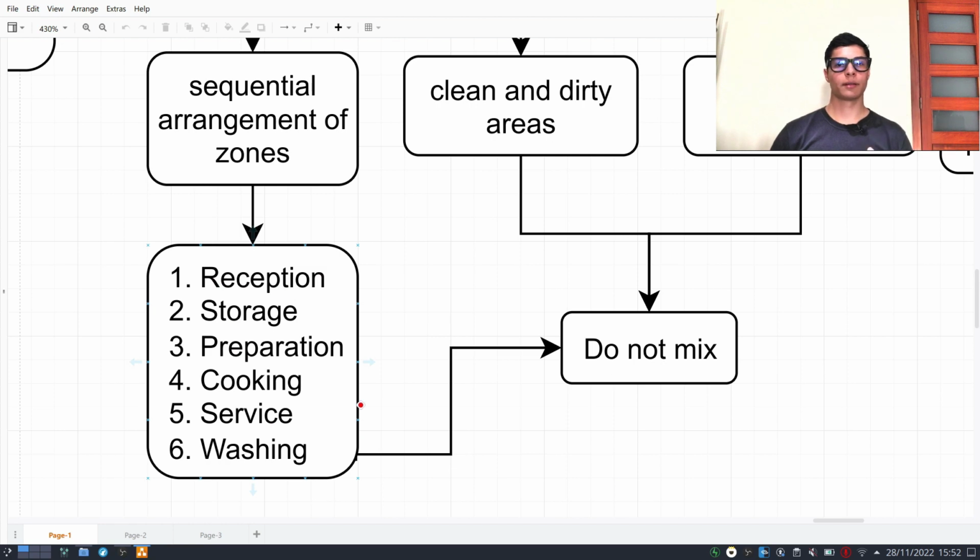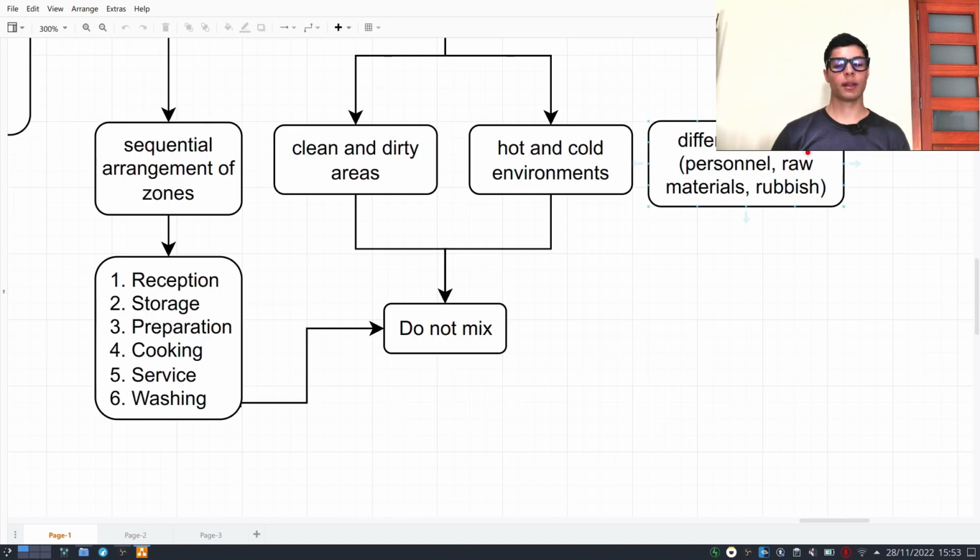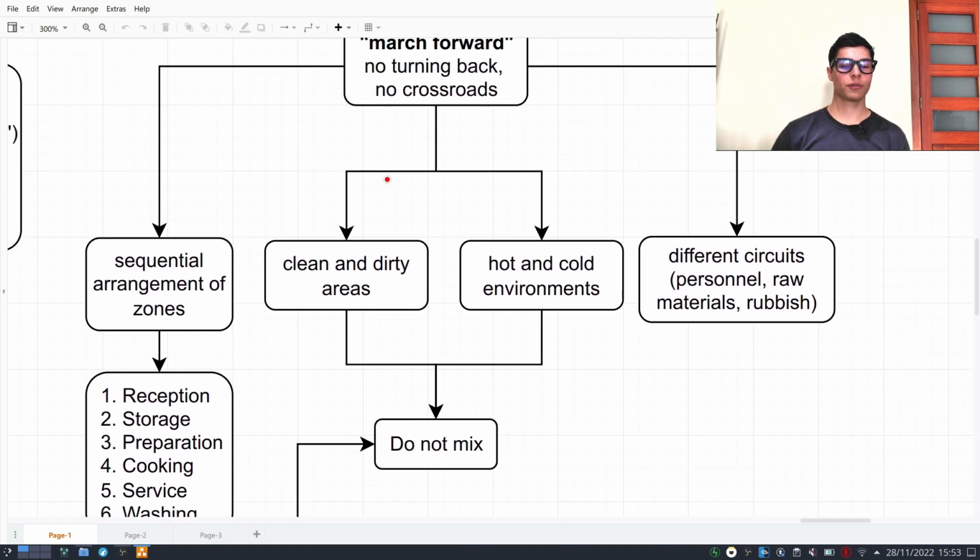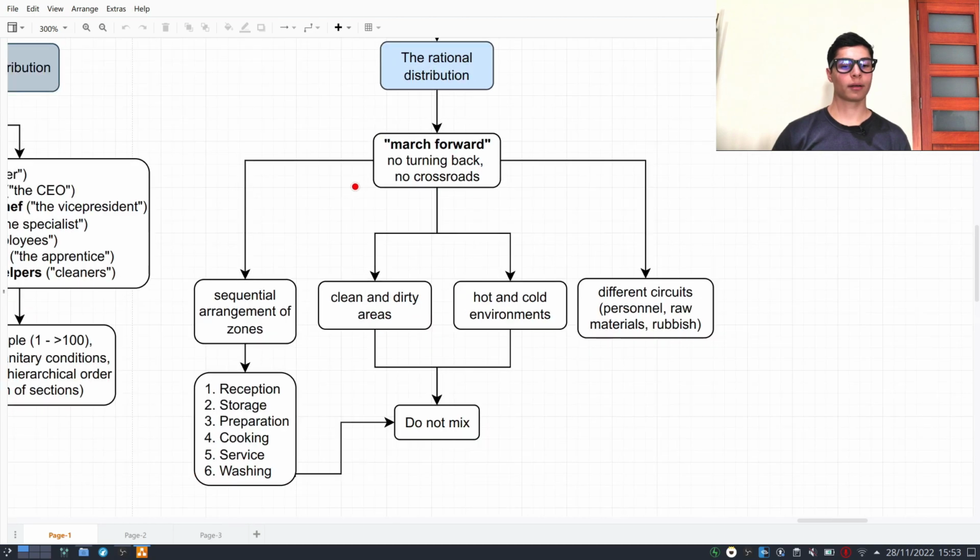They get the food from the cooking area, they bring it to the table, to the dining room, then they get the dirty dishes and they go to the washing area. So by following the circuits that are pre-established by the chef and by the second head chef, the kitchen must work, or should be working, just fine, following all the rules of not mixing, march forward, no turning back.